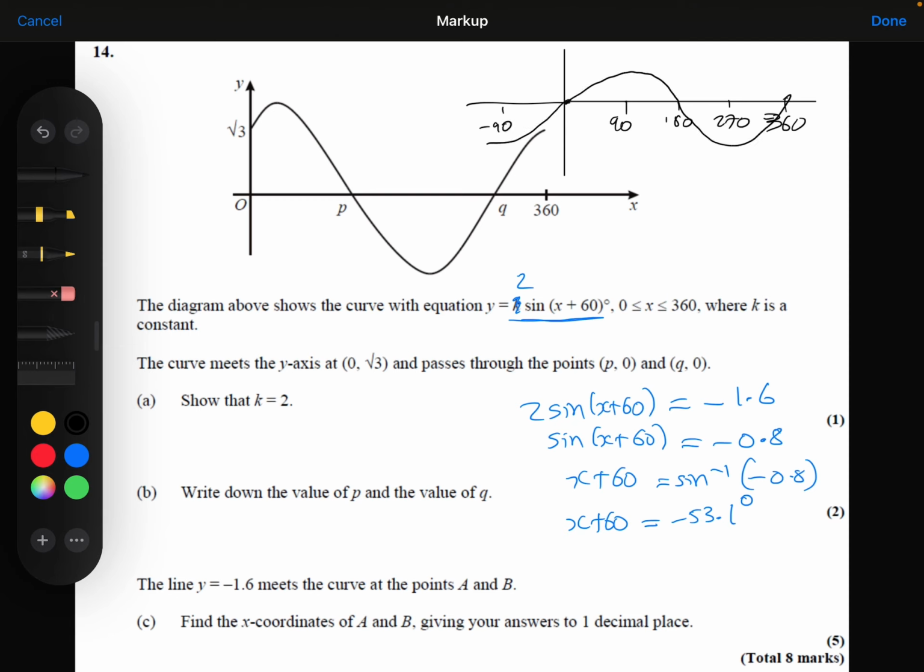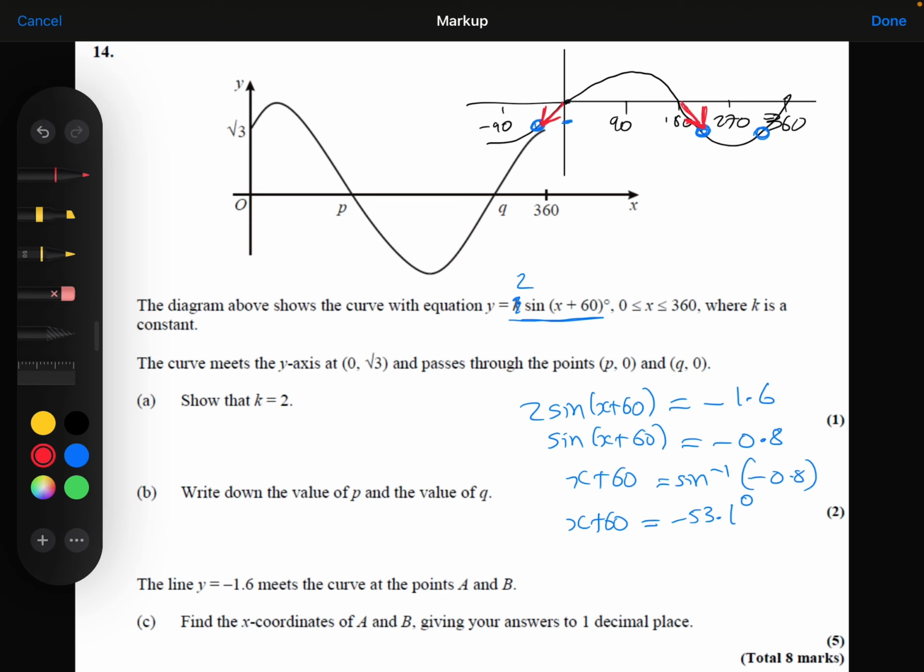So here's my sine graph. It's equal to minus 0.8 here, here, and here, where I know that this is minus 53.1. So therefore this is 53.1.